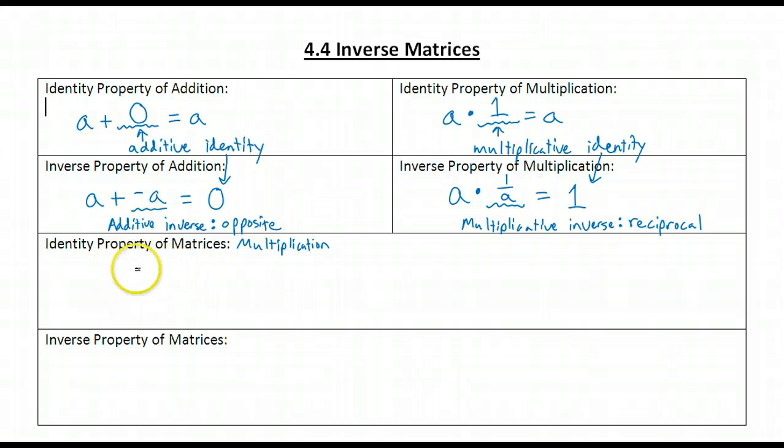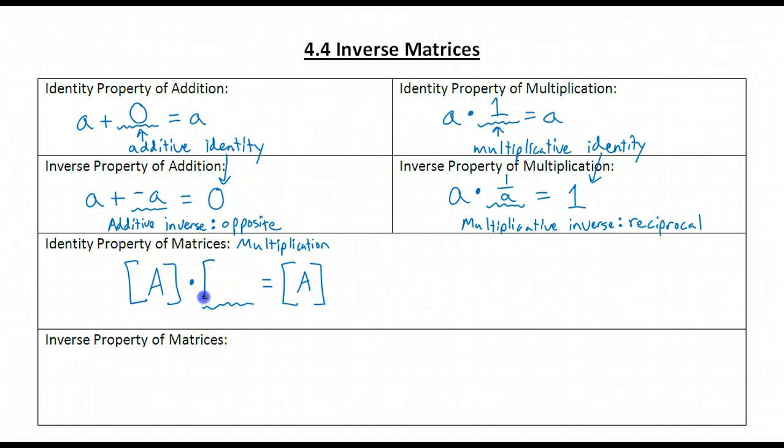In the matrix world, I'm going to start with matrix A, and I'm going to multiply by something, and I need to get A for an answer. So what is that something? I need to multiply by the identity matrix.